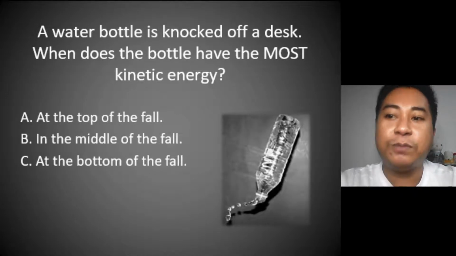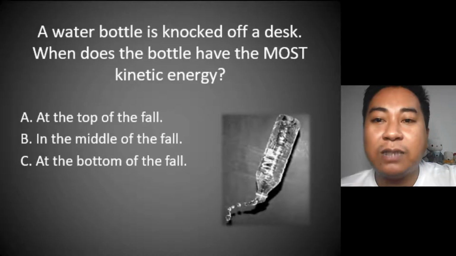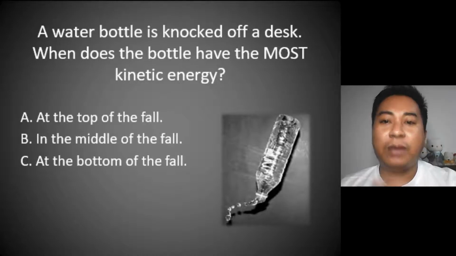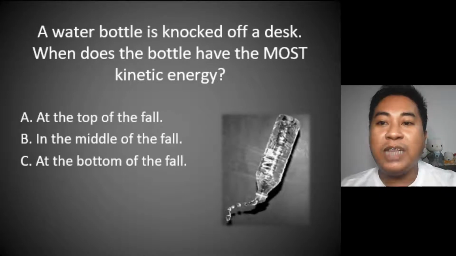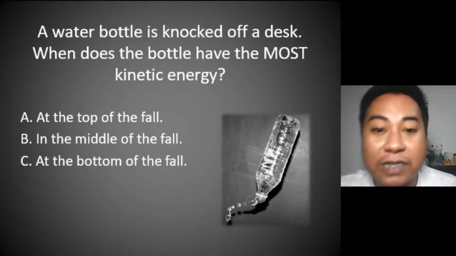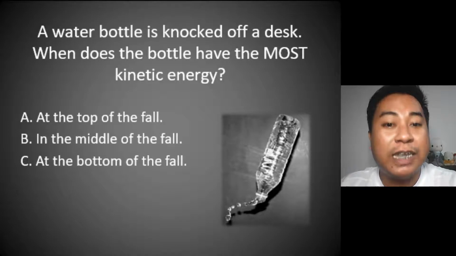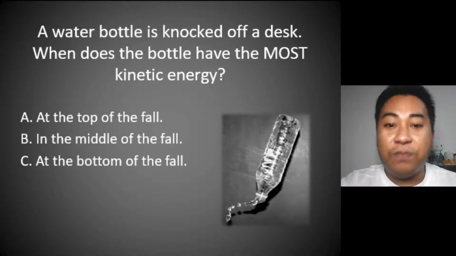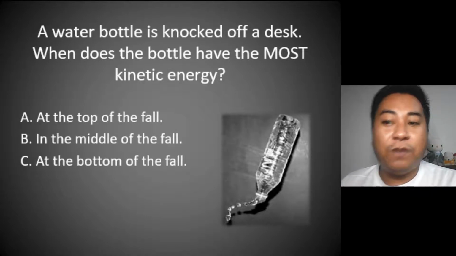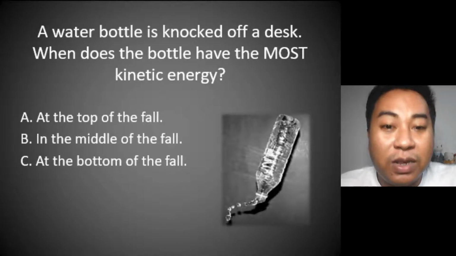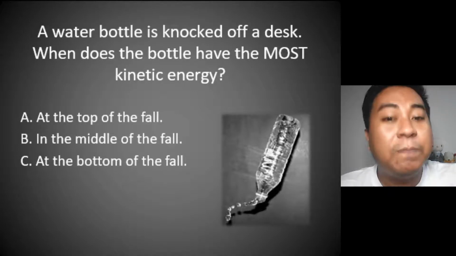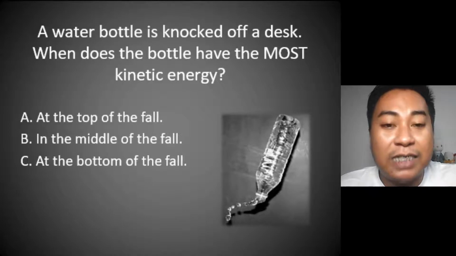The next. A water bottle is knocked off a desk. When does the bottle have the most kinetic energy? Kailan daw siya nagkaroon ng most kinetic energy? At the top of the fall, in the middle of the fall, or at the bottom of the fall? Saan ba siya nagkaroon ng mas malaki or mas mataas na kinetic energy?